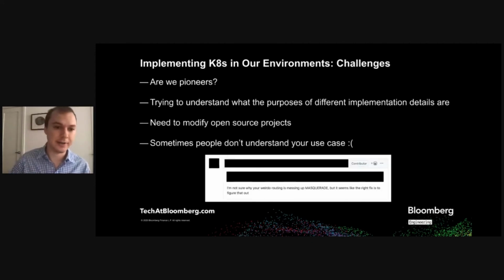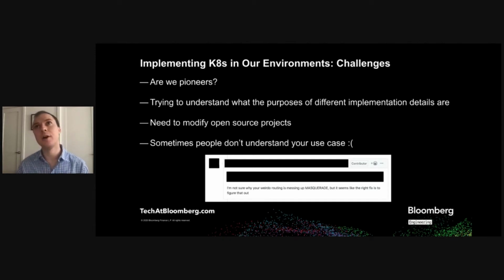So how does that cause issues for us? Well, one thing that really stands out is that when we look at GitHub issues or PRs, we don't see that many people running into the same problems that we've run into with our setup. So we're thinking that there maybe aren't that many people doing this. And so that's a challenge. Another challenge is that typically your networking stack is going to be made up of open source components, so you may have to make changes to those components.